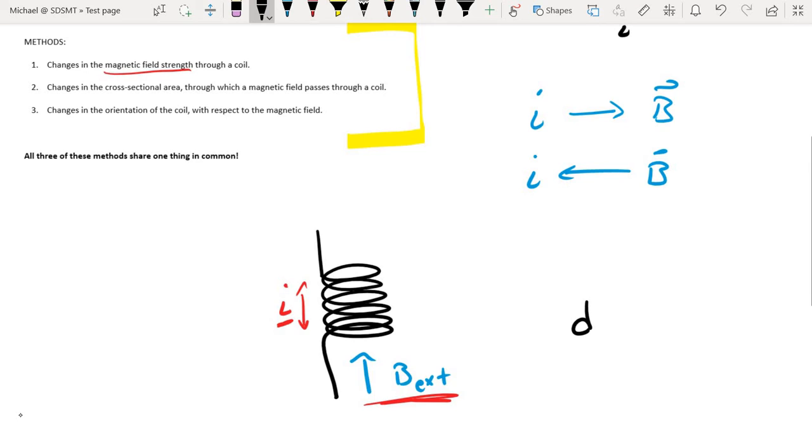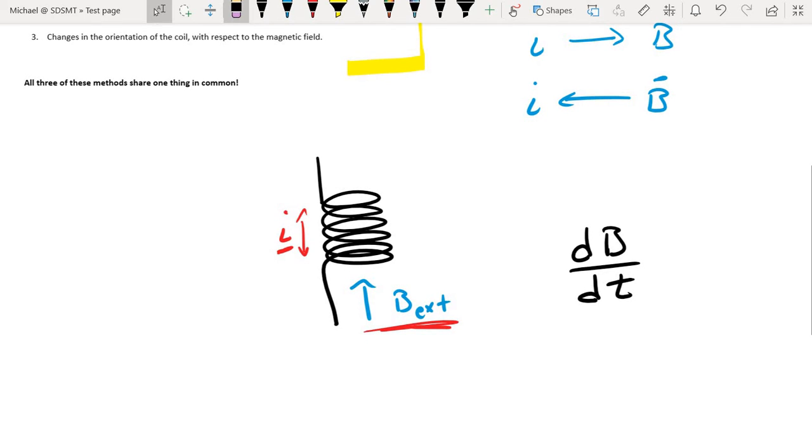And so a change in magnetic field, whether it's with respect to time or with respect to position, in either case, we can probably convert the expression to a time-dependent relationship.